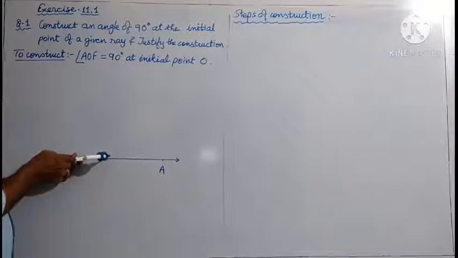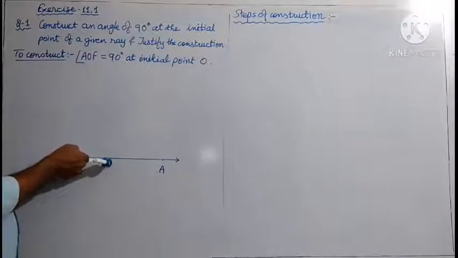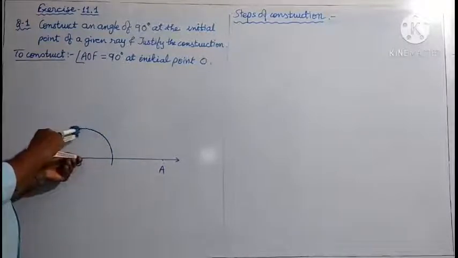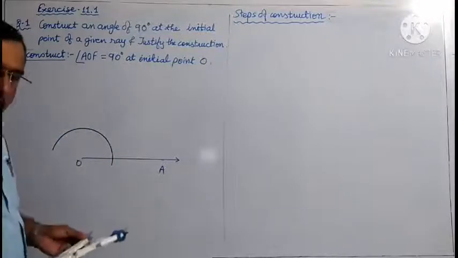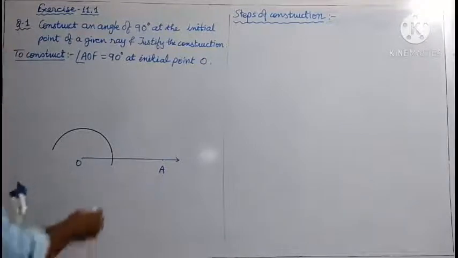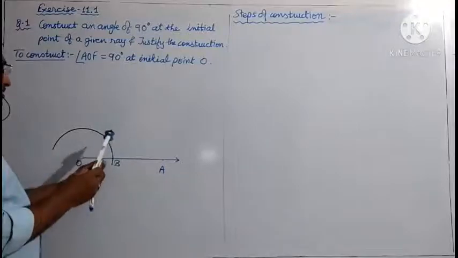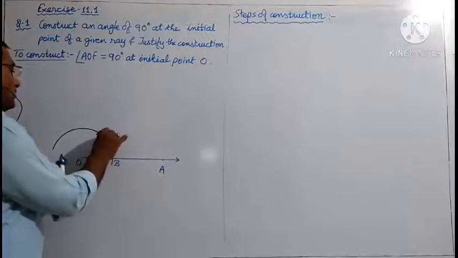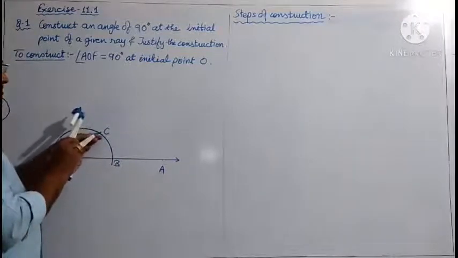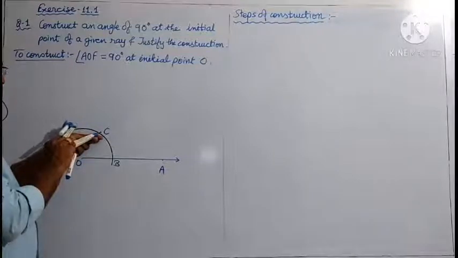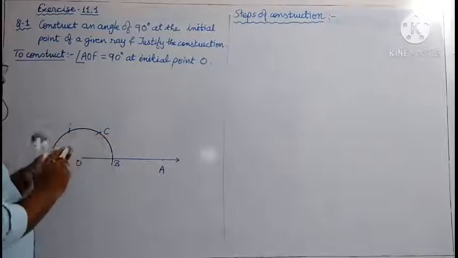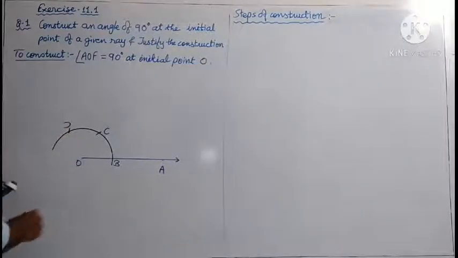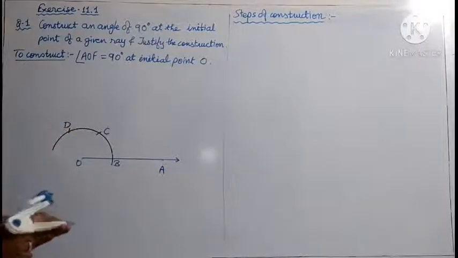We have to draw the arc which intersects the given ray OA at B. Taking this point as a center and the same radius, draw the arc which intersects the previous arc at C. Then taking this point C as a center and the same radius, draw another arc which intersects the first arc at D. Draw OC and OD.